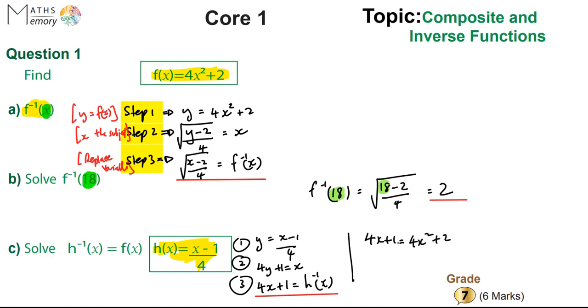Let's get all the x's on one side. We could form a quadratic to make it equal to 0. So 0 equals 4x squared minus 4x, and this would be plus 1 over here, because 2 minus 1 is 1. So we've got this 4x squared minus 4x plus 1. Can we go further? This is an advanced quad box.